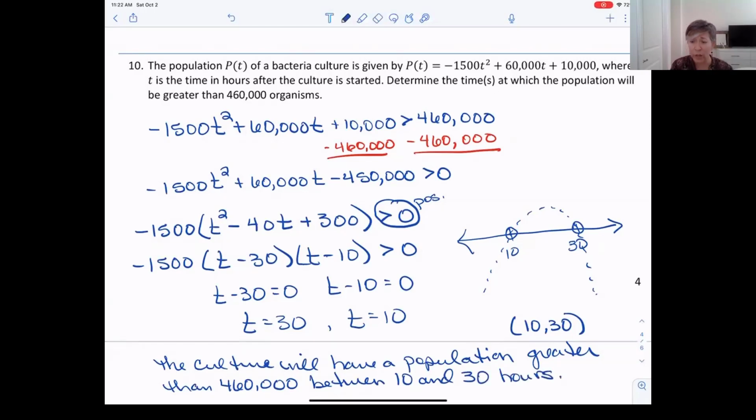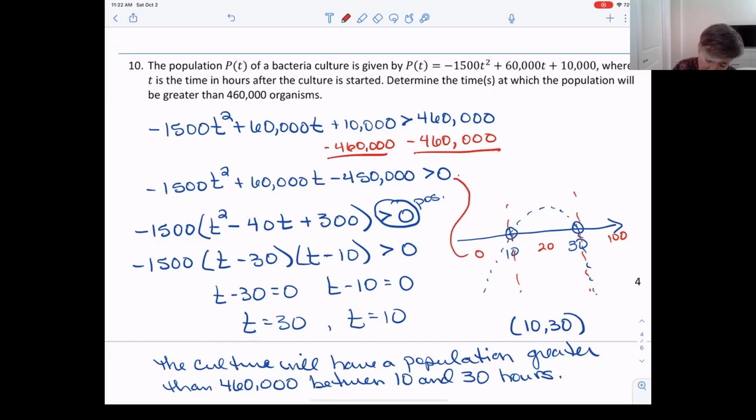But if you weren't sure about the graphing part to see where it was going to be positive, remember, we can still split it up and use test points. We can use 0 to the left of 10, 20 in between 10 and 30, and maybe 100 to the right of 30.